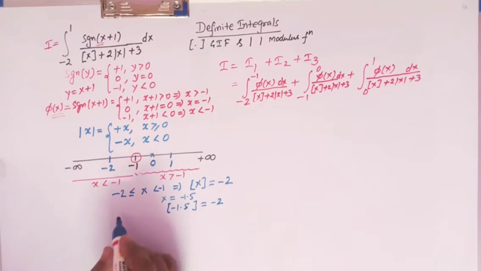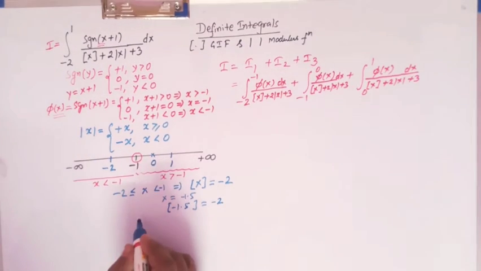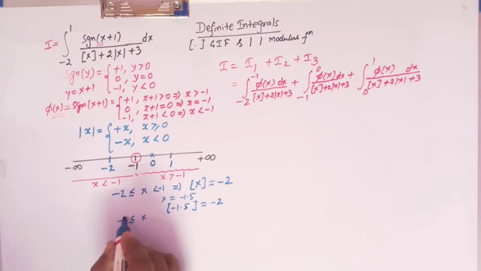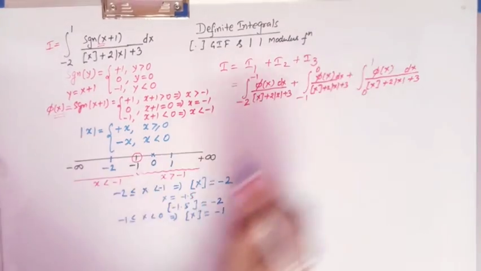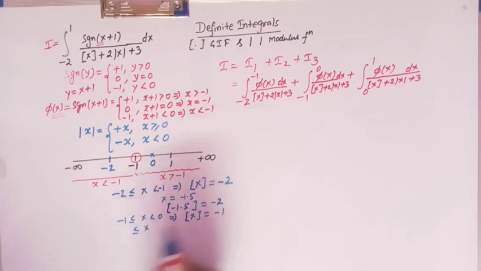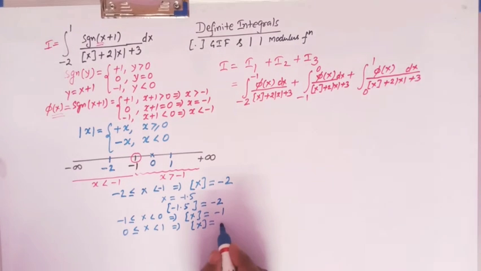Similarly, when x lies between -1 and 0, the greatest integer of x is -1, and when x lies between 0 and 1, the greatest integer of x is 0.